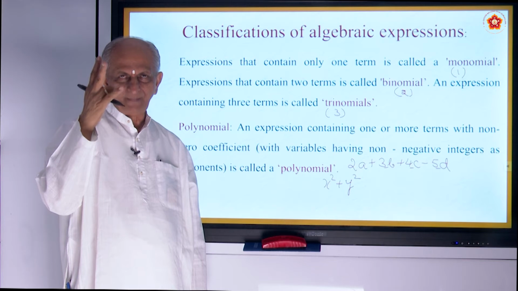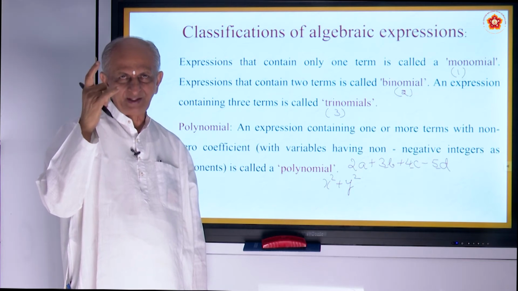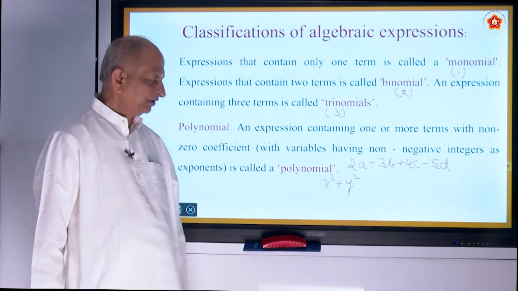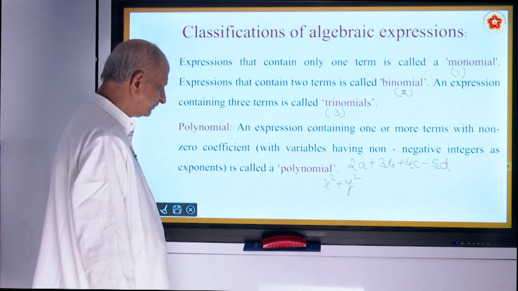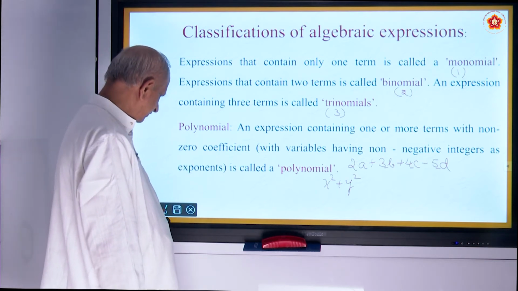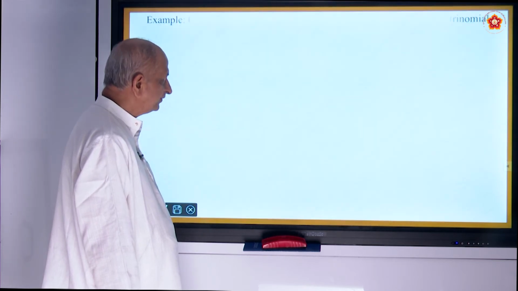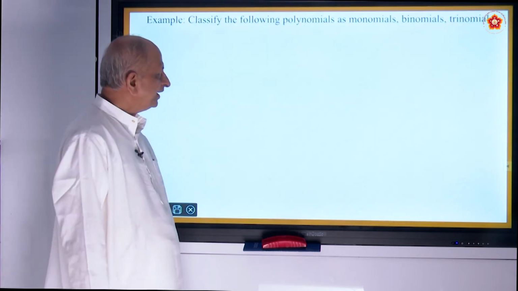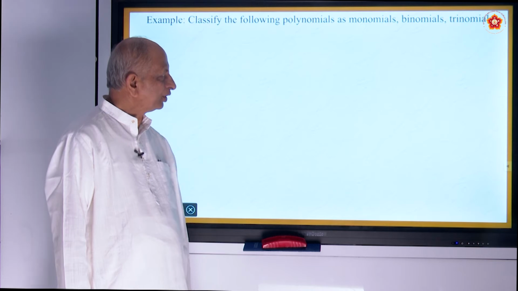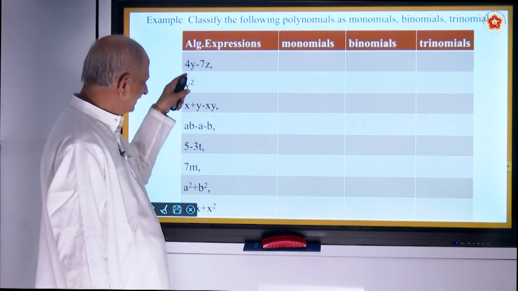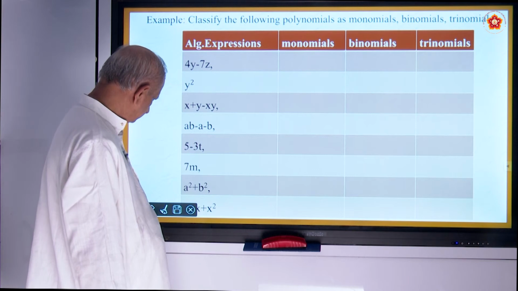Monomial, binomial, trinomial, polynomial. They are the four kinds of expressions. Shall we work out some problems on this? Some examples we will see. Classify the following as monomials, binomials and trinomials. So here are some expressions given. Note down.